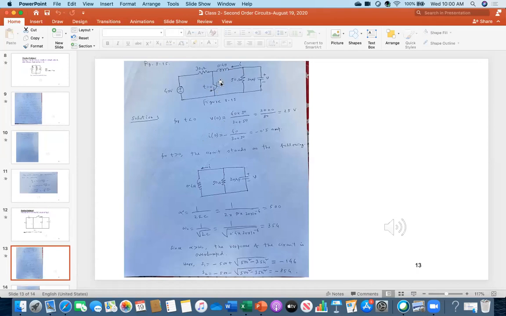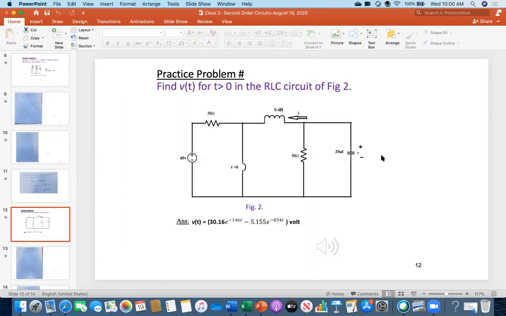What are the two conditions? Initial condition means you have to find out the voltage across the capacitor and the current through the inductor, for each and every problem. Those are the meaning of the initial condition.